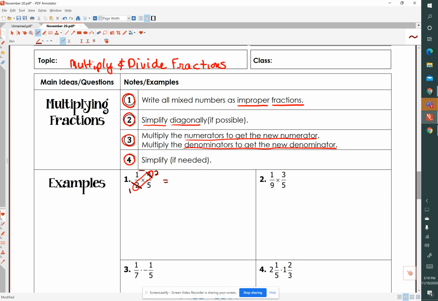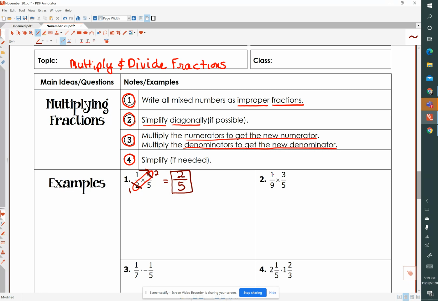Multiplying straight across, numerator times numerator, denominator times denominator: 1 times 2 is 2, 5 times 1 is 5. If you cross simplify in the beginning, like I did, very often you will not need to simplify at the end, and that is our final answer.